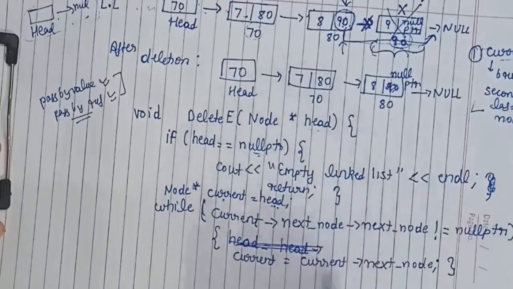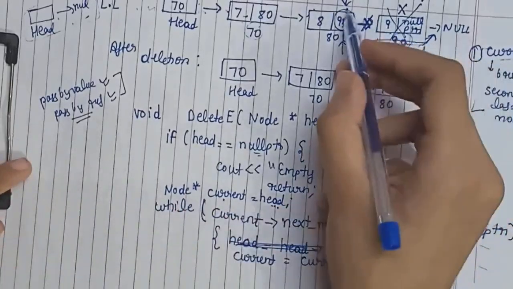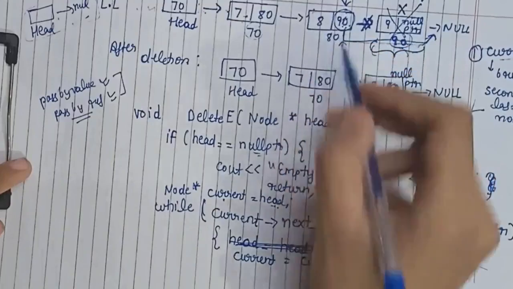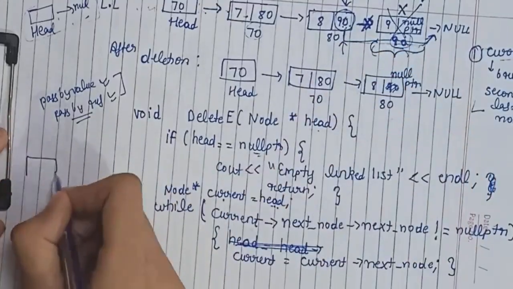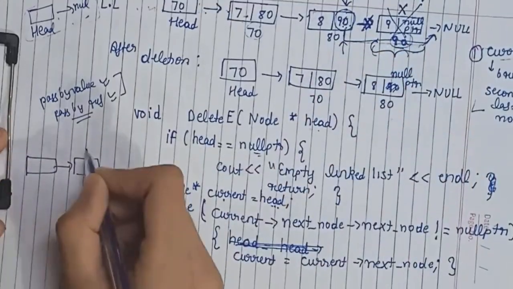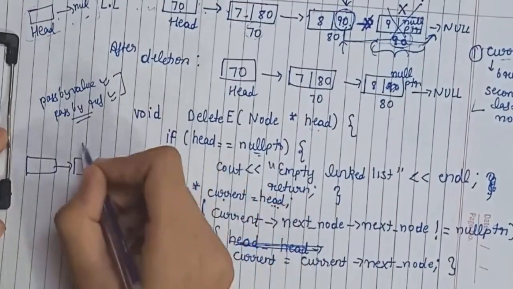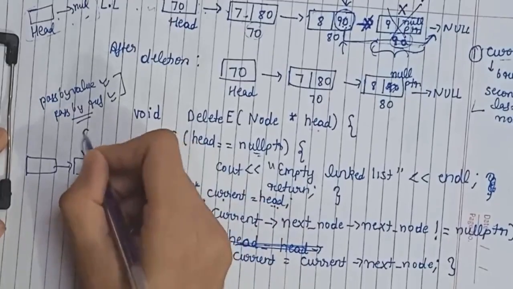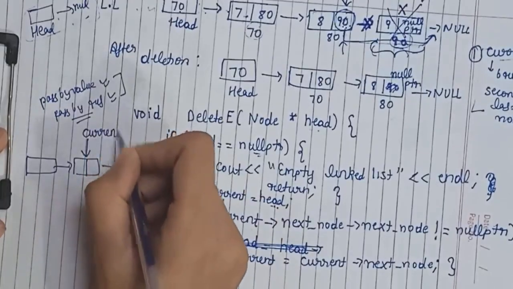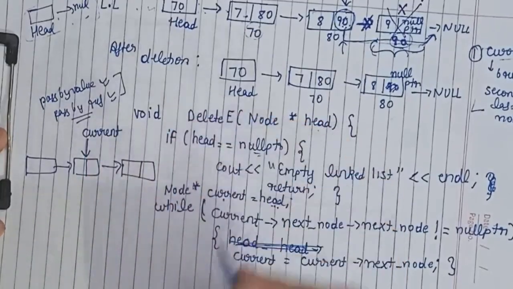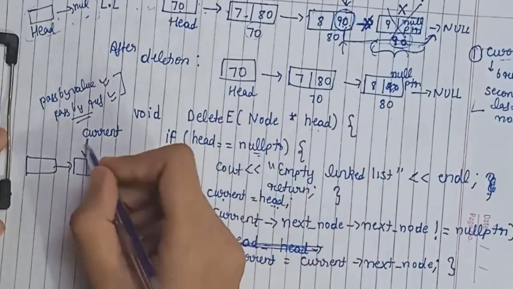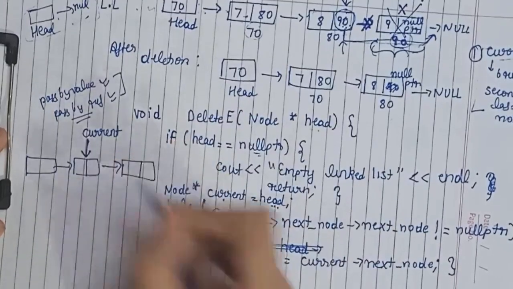So now you can note that if our current pointer is at this second last node, let me just draw this linked list clearly. So now if this is the second last node, and if the current pointer is here, then you can note that the current pointer is pointing here.